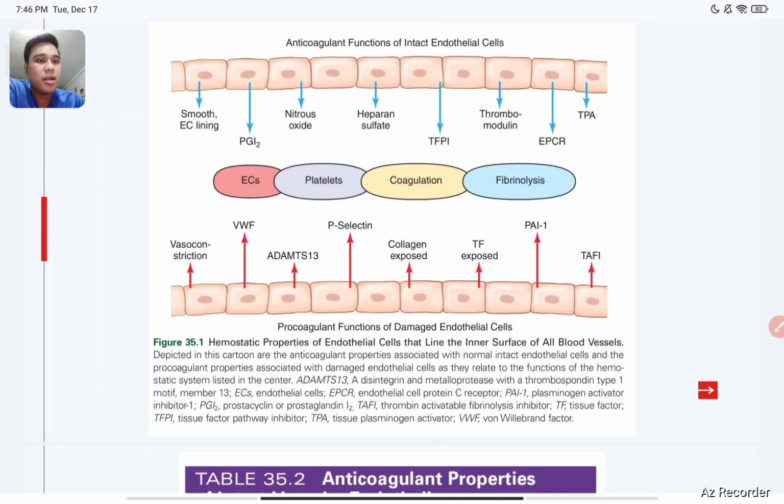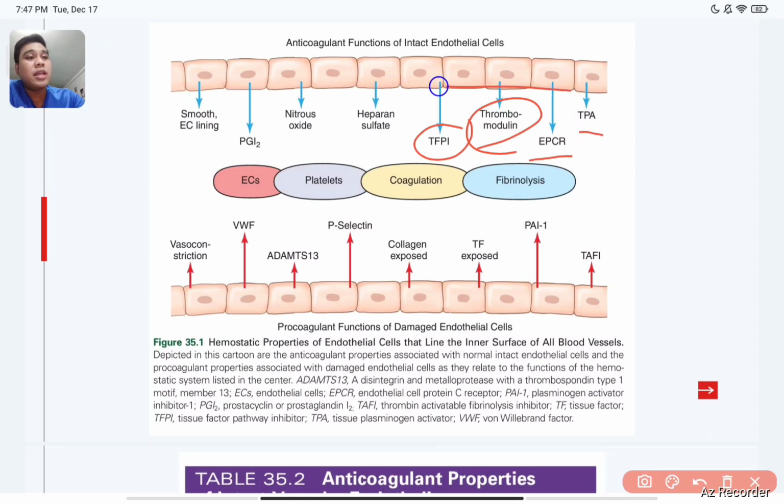So, as you can see there, the ones that are on top, like your smooth endothelial cell lining, your prostacyclin or PGI2, nitric oxide, heparan sulfate, tissue factor pathway inhibitor, your thrombomodulin, your EPCR, your endothelial cell protein C receptor, and then your tPA or your tissue plasminogen activator.